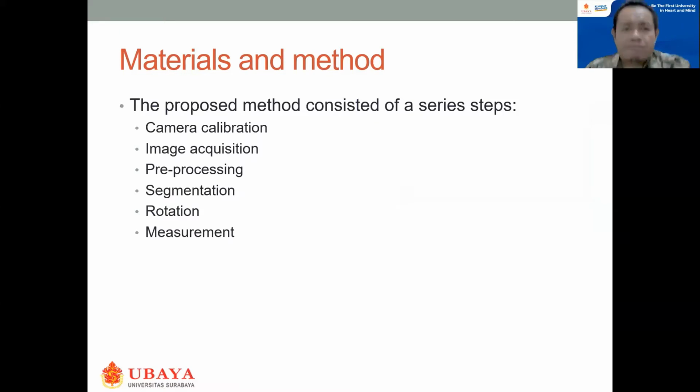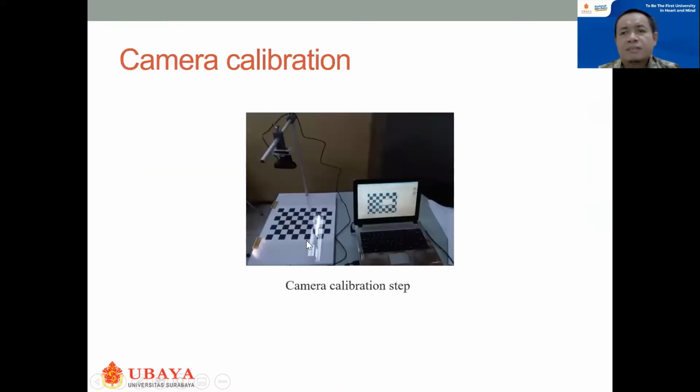This is the step of the proposed method. The proposed method consists of camera calibration, image acquisition, pre-processing, segmentation, rotation, and measurement. This is the camera calibration process. The chessboard pattern is located at the acrylic board.